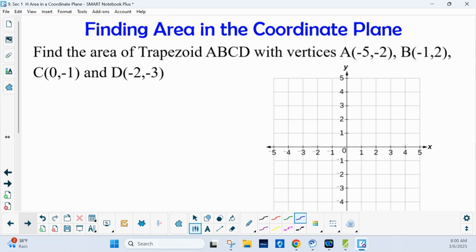Let's take a look at this trapezoid. Now, I obviously went too fast making this note packet, so I need you to change these coordinates so that it's going to actually work out. So will you change your coordinates to match mine? I went too fast and copied the wrong coordinates, obviously, because it did not work out as it should. It wasn't even a true trapezoid because there weren't parallel sides with the coordinates you had.